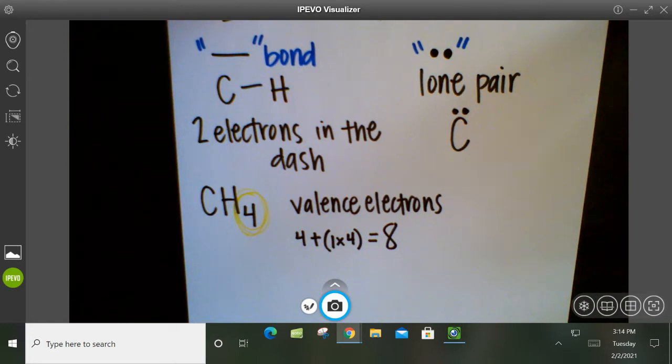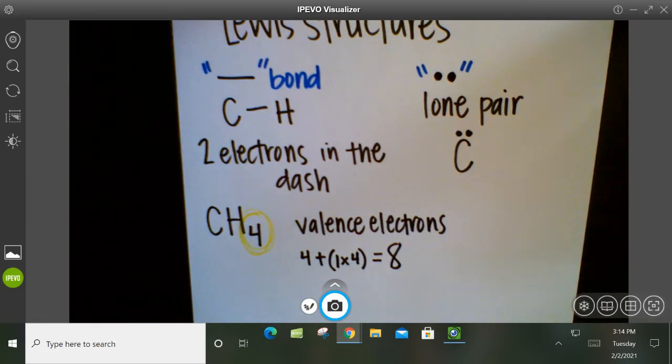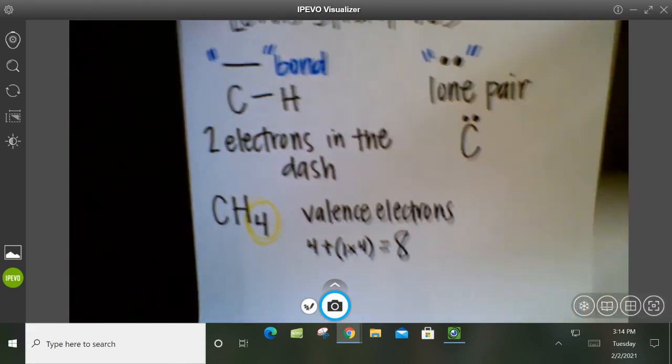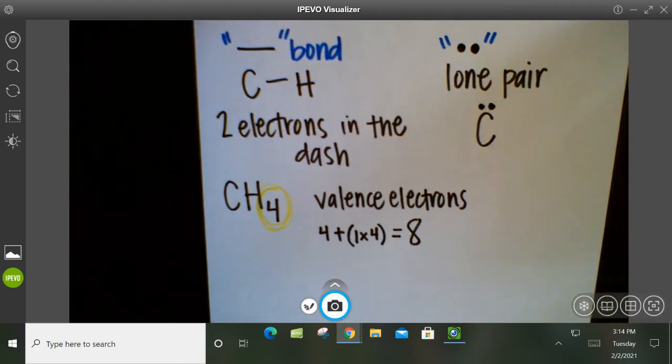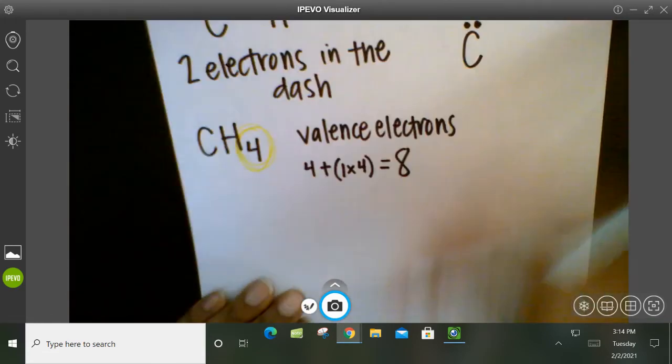All right, so what I'm going to do is when I'm looking at this and I'm going back to my rules, hydrogen can never be in the middle. All right, so if hydrogen cannot be in the middle, carbon will be. All right, and it's really just that simple for what we're doing in this class. All right, so what I'm going to do is move my paper up a little bit.